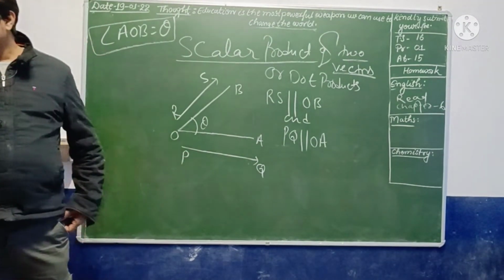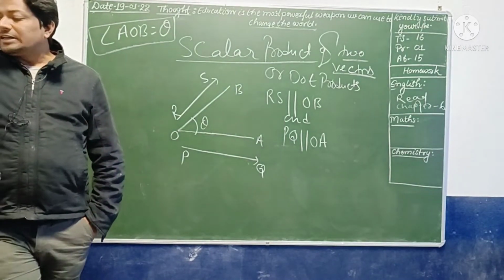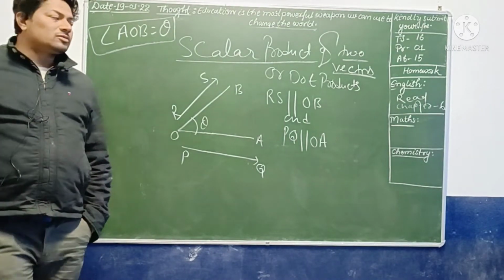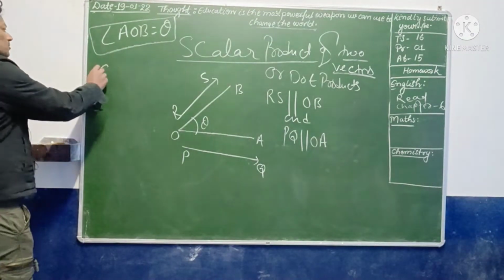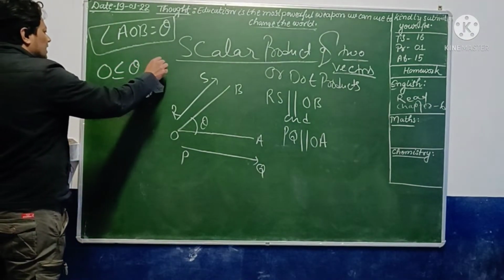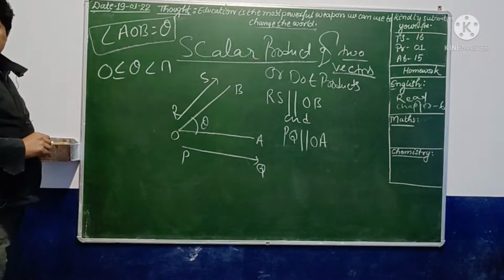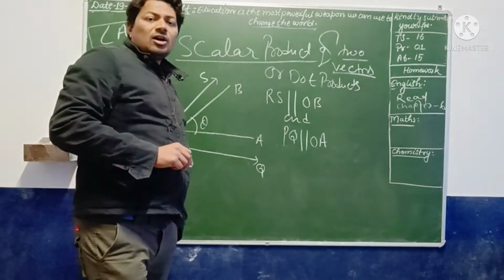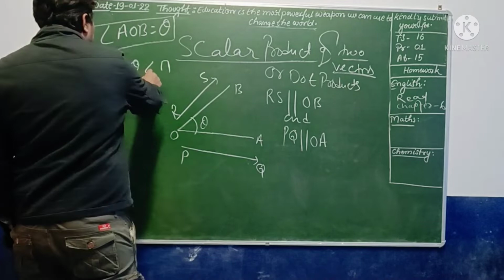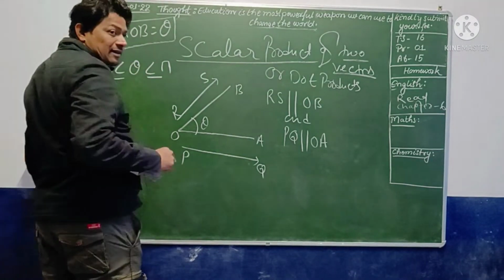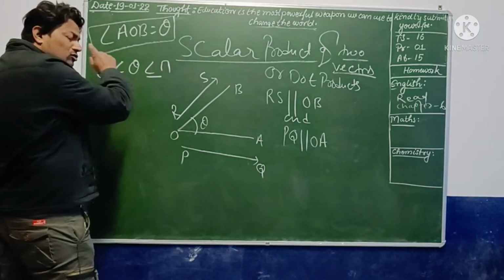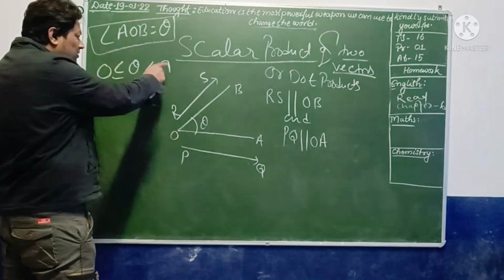Have a look. The value of theta will exist from 0 to pi. So theta belongs to the range 0 less than or equal to theta less than or equal to pi.